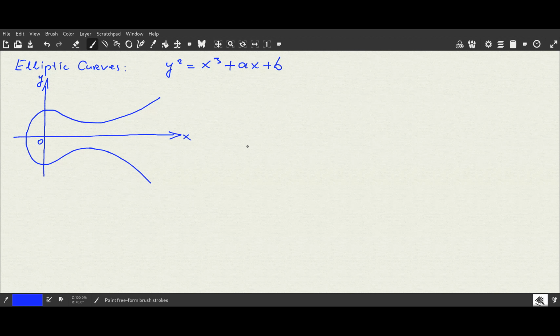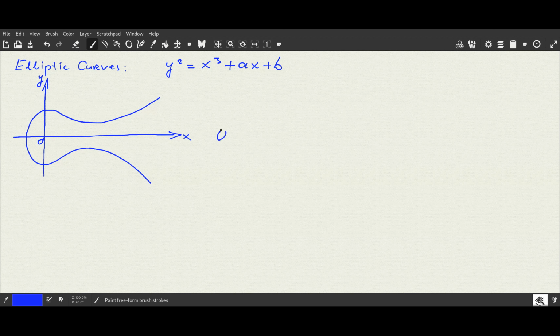We introduced the notion of, actually I wouldn't call this point O for origin, because the elliptic curve has another 0 point which is not in the origin. It is an infinity point. So let me call this point, for example, O prime, which is the origin.